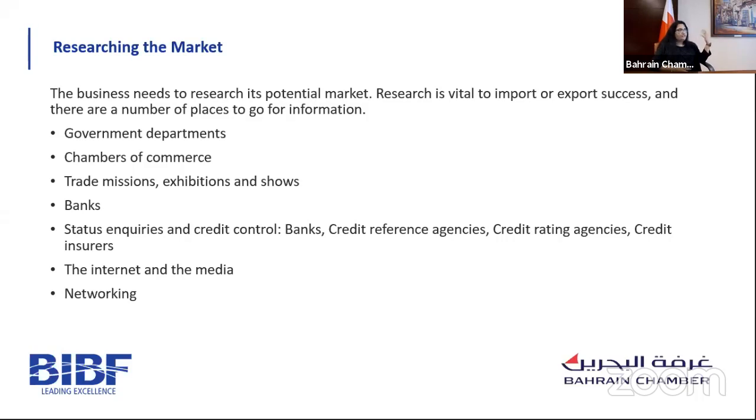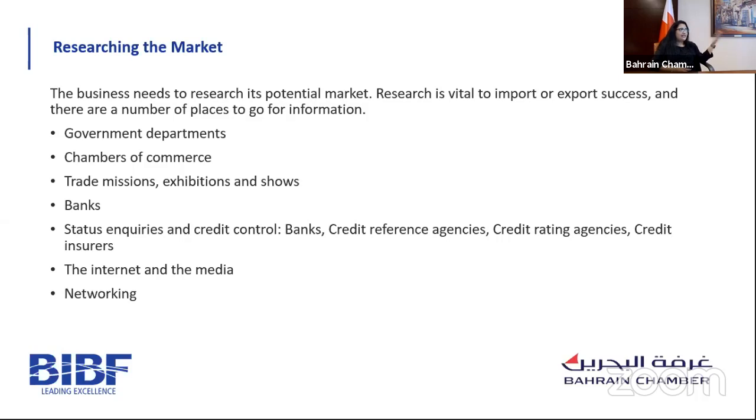Banks can give you information about the country. They may have a correspondent banking relationship with the country that you are planning to trade with, so they can give you country reports also. Apart from banks, there are credit reference agencies whom you can approach. For example, Dun & Bradstreet provides you information about the potential export market, and what new product will be demanded in the near future.